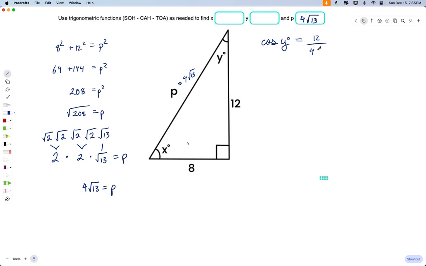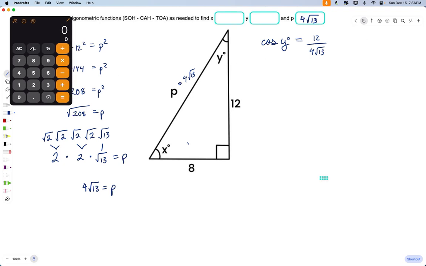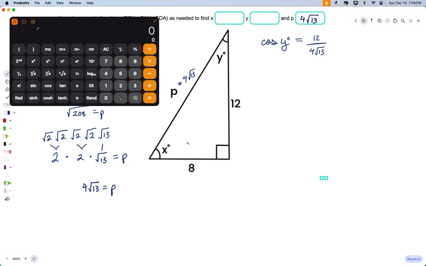So let's see, 12 divided by, parenthesis, square root of 13 times 4, parenthesis. So that's 0.83205, so it'd be 0.83.